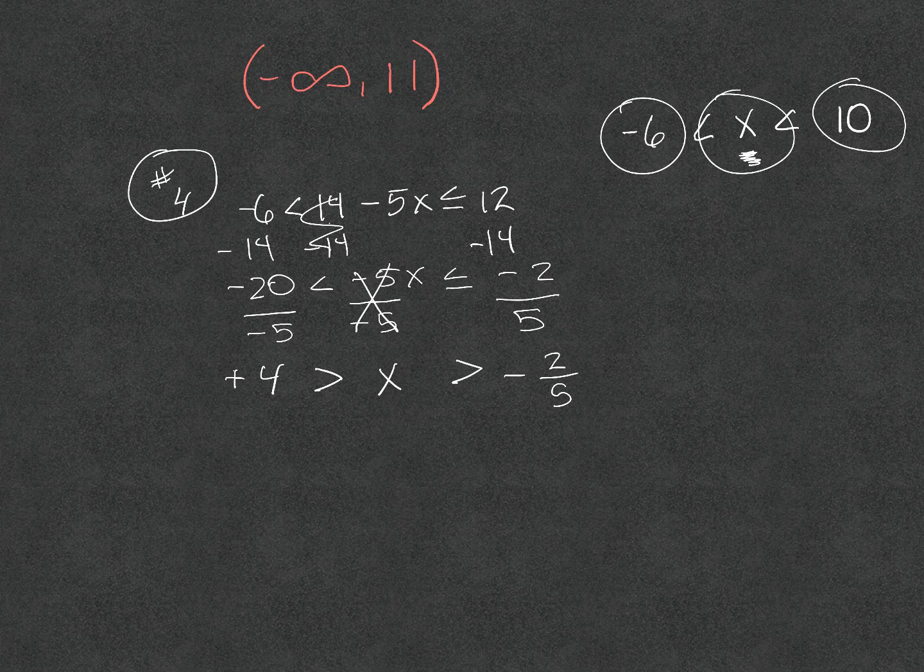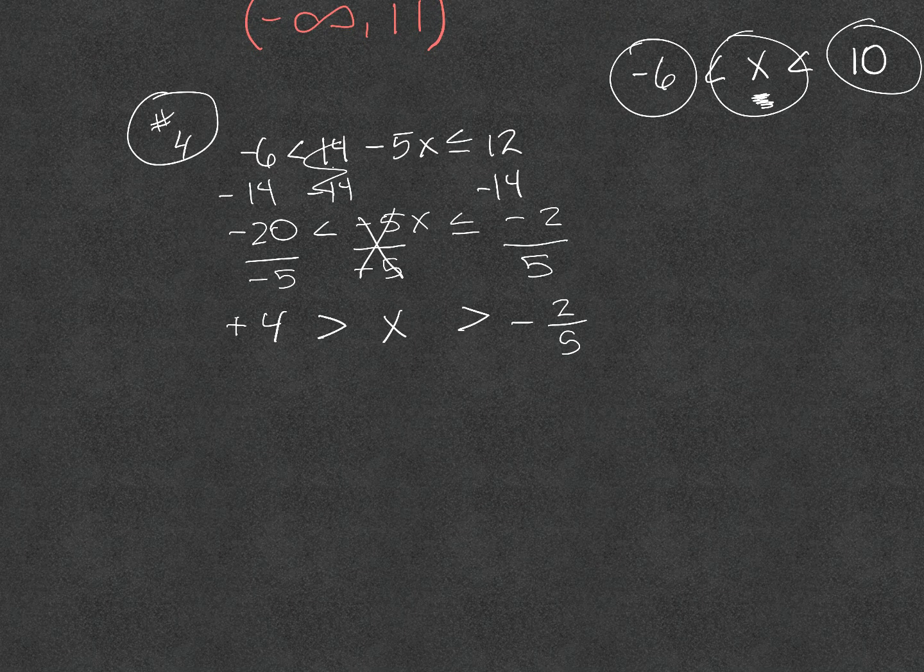So with that in mind, we need to flip this entire thing. When we do that, we put the negative 2/5 on this side. X is still in the middle, and the 4 is over here.